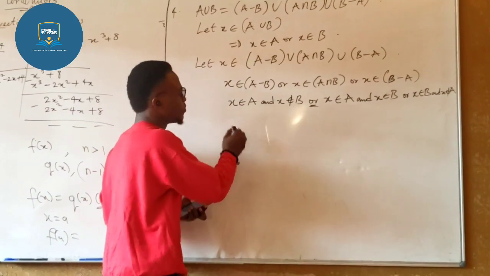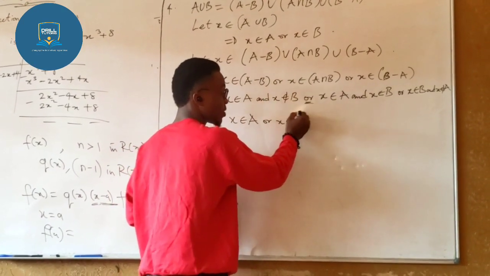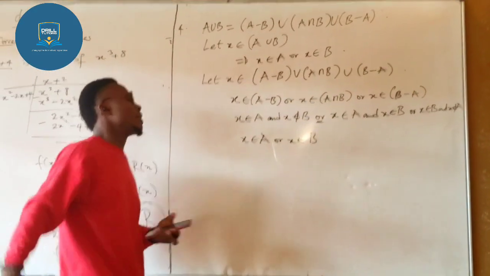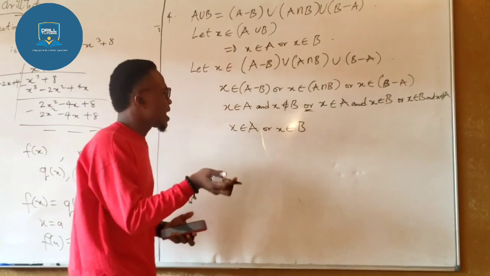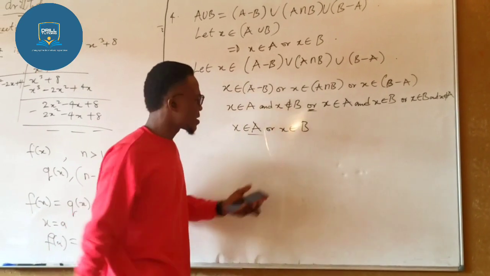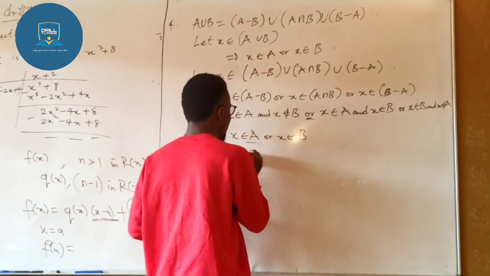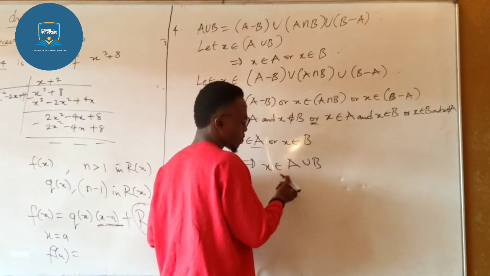That tells us that x is actually an element of A or x is an element of B. I don't want us to waste time writing on that. That is the message we get from that. It's either x is actually both A and B. So, which proves that x is actually an element of A or B.